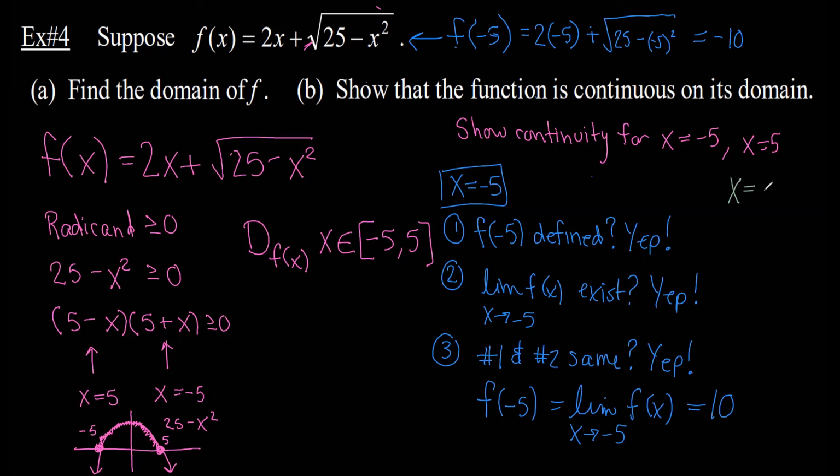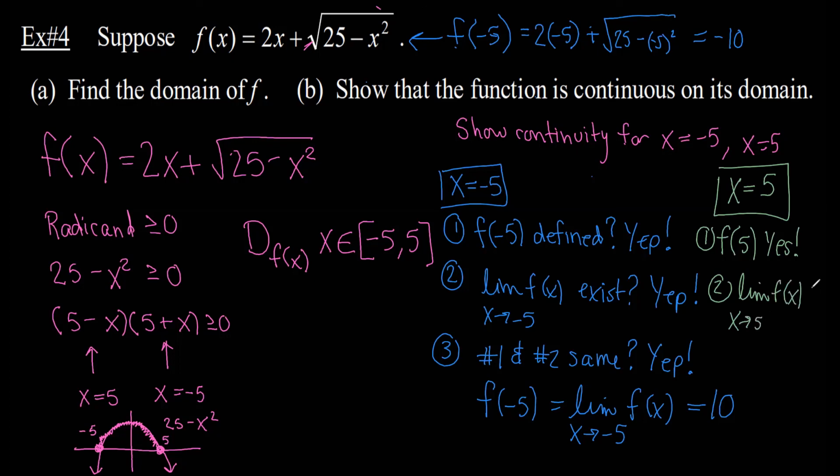If I look at the continuity for positive 5, the answer ends up being the same. Is f of 5 defined? Yes, it is. Specifically, it's positive 10. Next, does the limit as x approaches positive 5 exist? Yeah, it does. It's also positive 10.